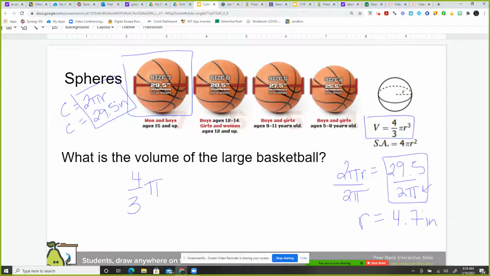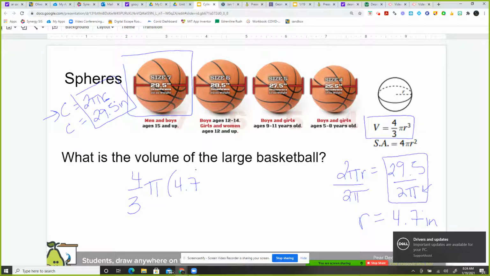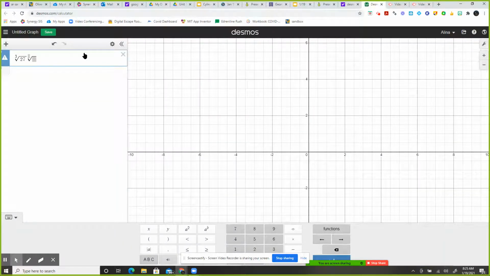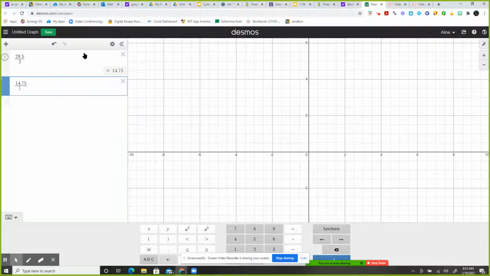So sometimes with circles, we're given the circumference or the area, and we have to calculate for that r. So the r here is going to be 4.7, and then we want to cube it. Yeah, so when I put it in my calculator, I do 29.5 divided by 2, and then 14.75 divided by pi.